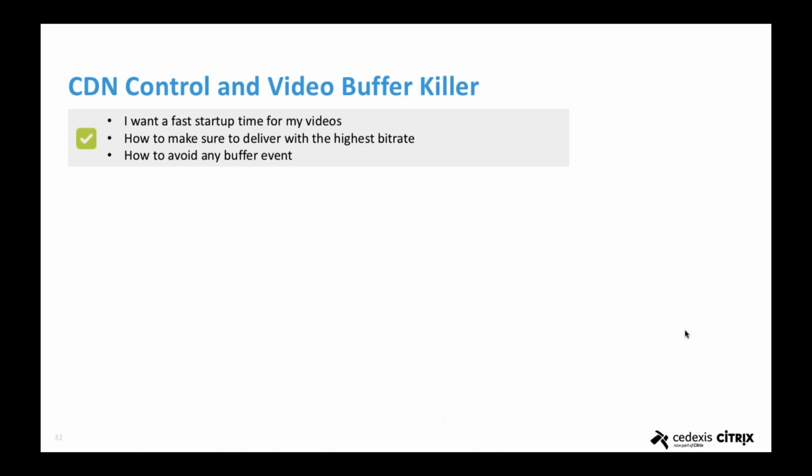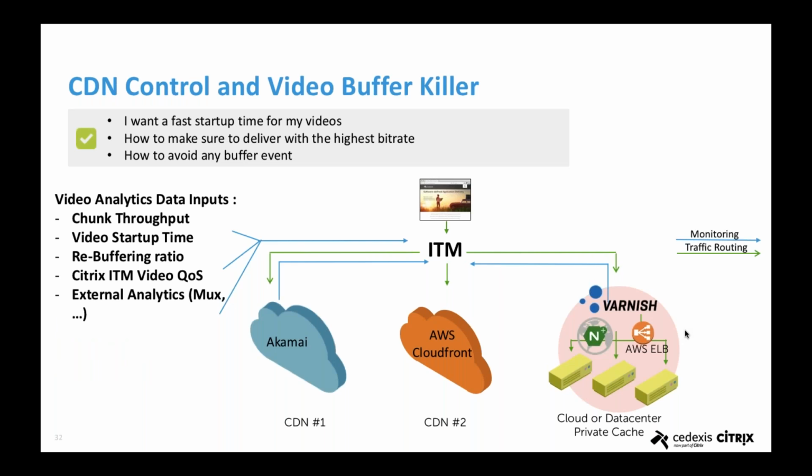This cost and multi-CDN model applies quite well in the field of video, because those are heavy volumes that are delivered most of the time through a CDN, but also sometimes from a private cache. We can also use video data as part of the decision, basing the decision to go to one CDN or to your own cache server on the video quality, like the throughput on the actual chunks that are delivered to the end users, or the rebuffering ratio.